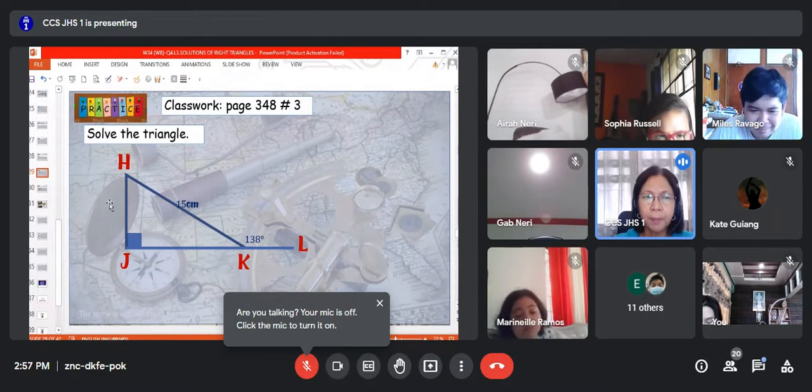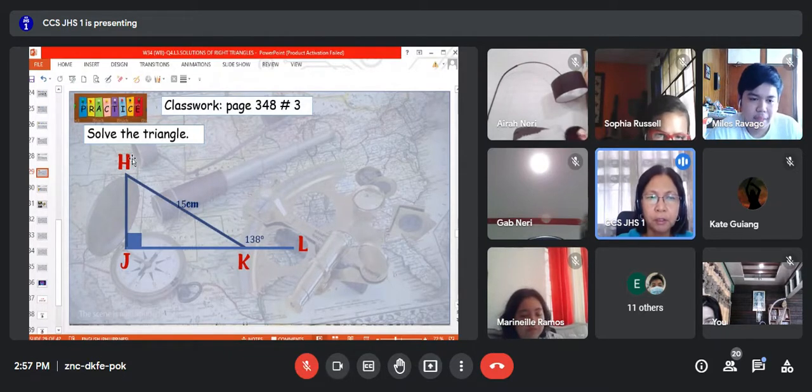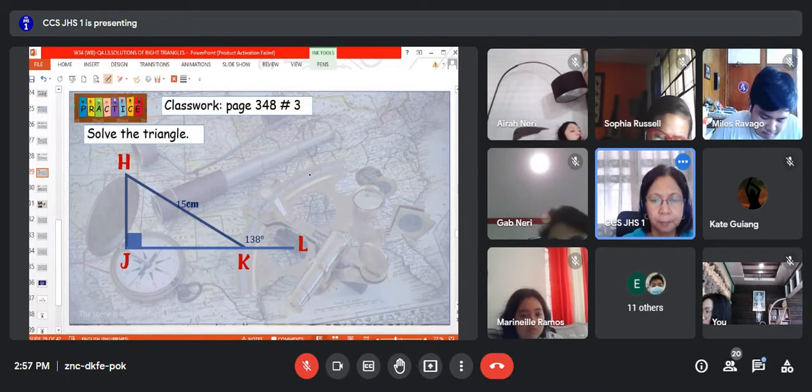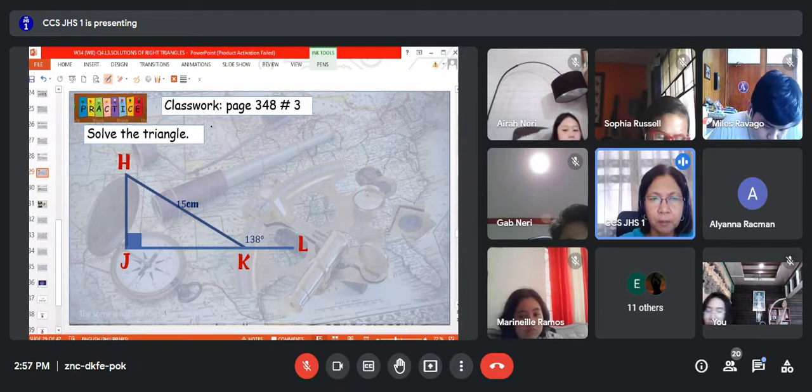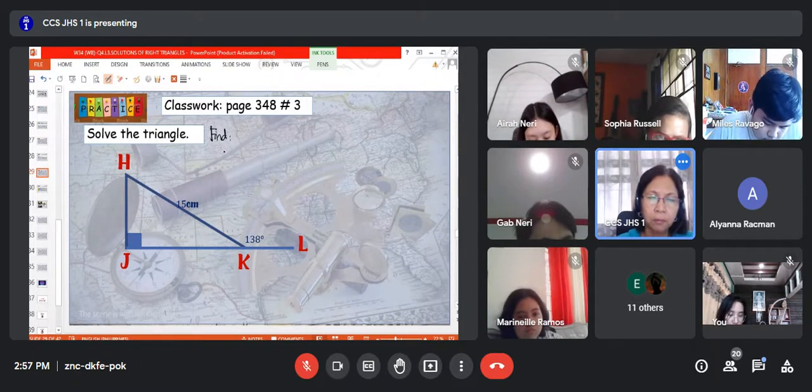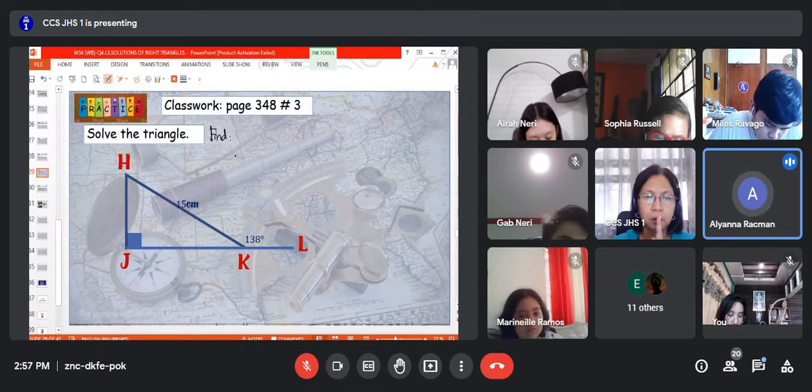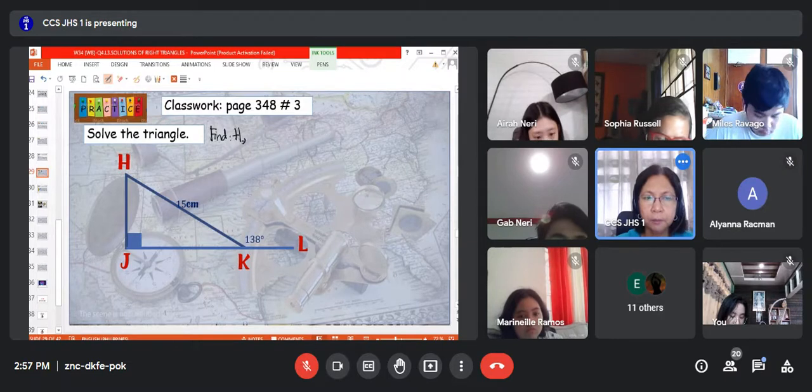Okay, what are the missing parts here? Triangle HJK. Give me one missing part, Aliana. Give me one missing part of the figure. Angle H. Sure, angle H. Another one, Angel.